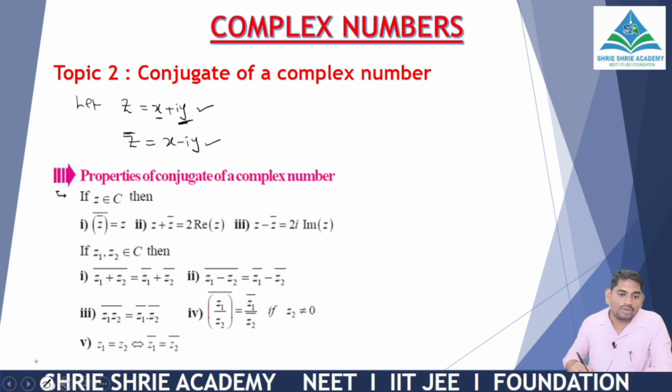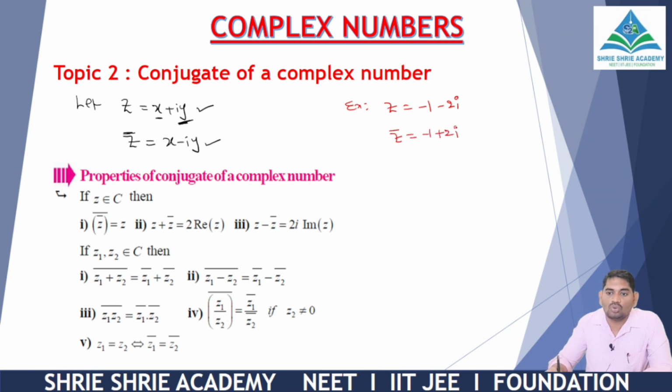For example, z is equal to minus 1 minus 2 iota. So what is the conjugate of z here? Z bar is equal to minus 1 plus 2 iota.